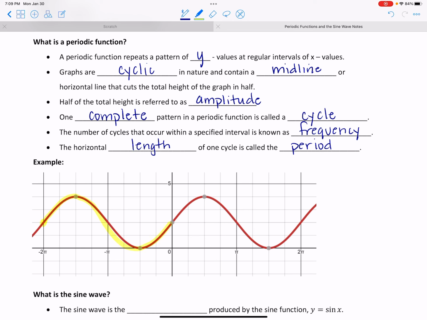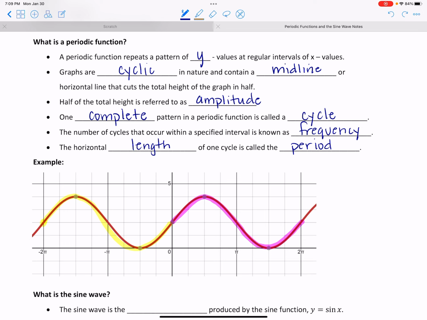Right here, we're going to see this thing start over, and then this highlight would be looking exactly like the previous highlight, right? So those are what we would refer to as complete patterns. So that would be 2 cycles in this interval. So actually here we could say over the interval from negative 2 pi to positive 2 pi, we have a frequency of 2. We see 2 full cycles happening in there.